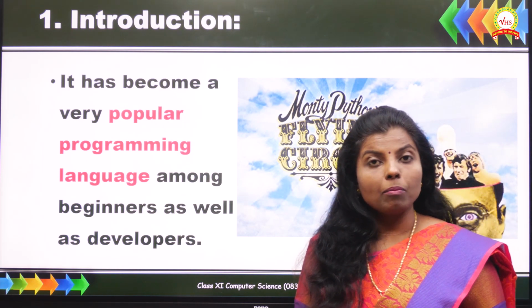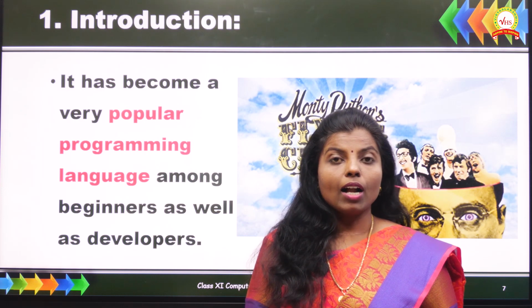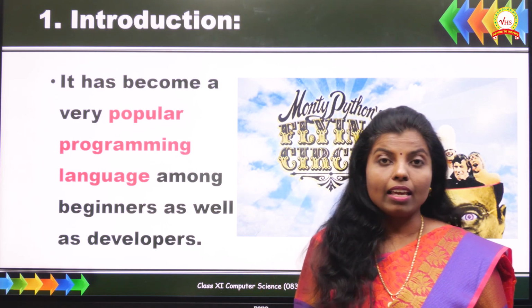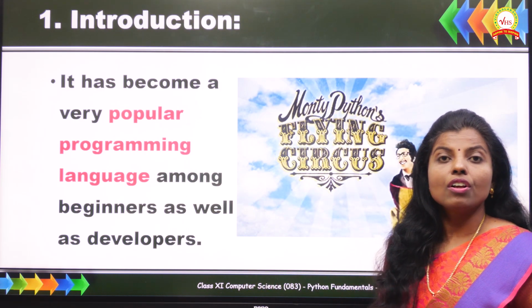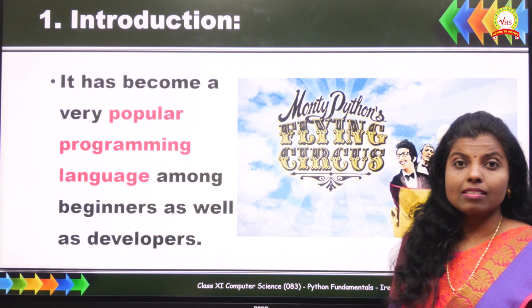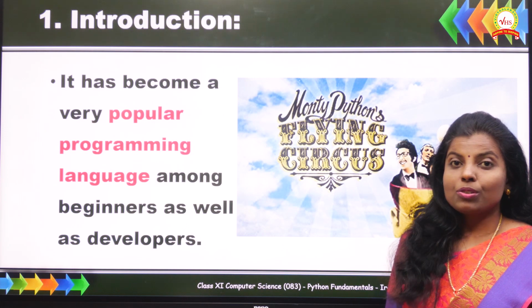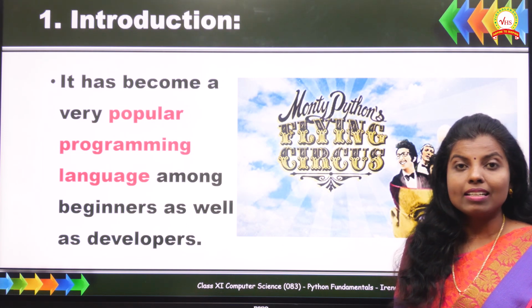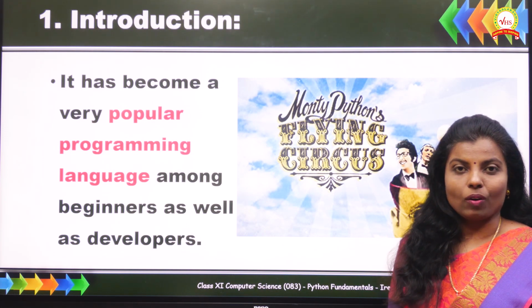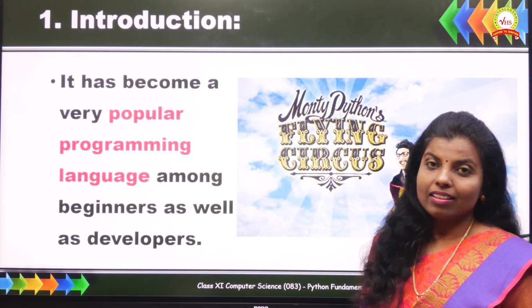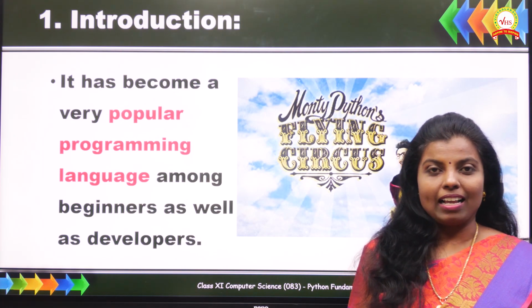He was inspired by the comedy series, and also he wanted a name for his programming language that was something short, unique and slightly mysterious. So he decided to call his programming language Python. This is the story behind the name of the programming language.